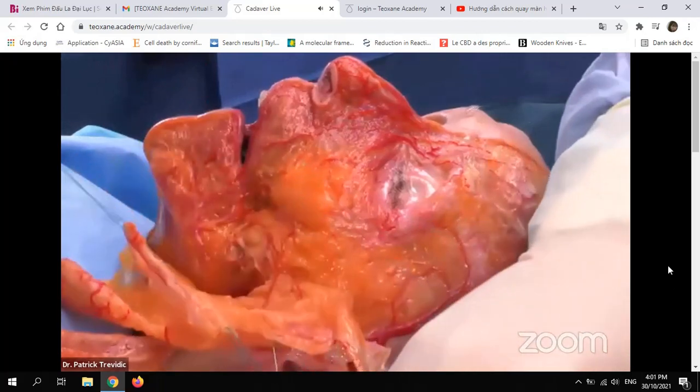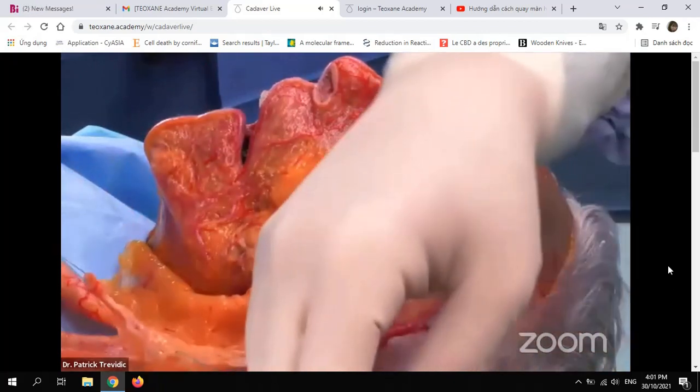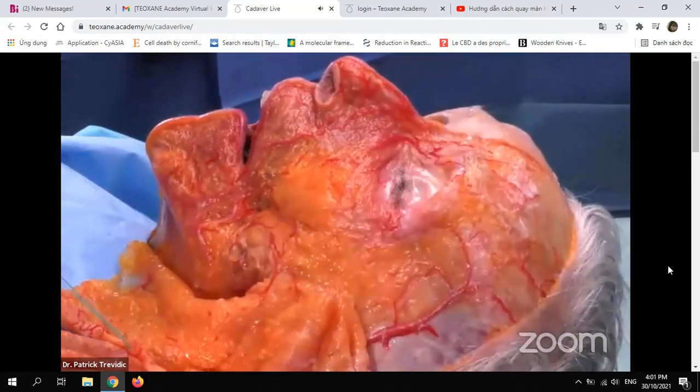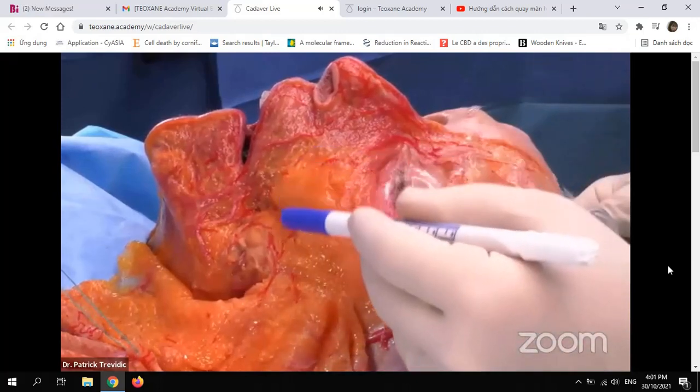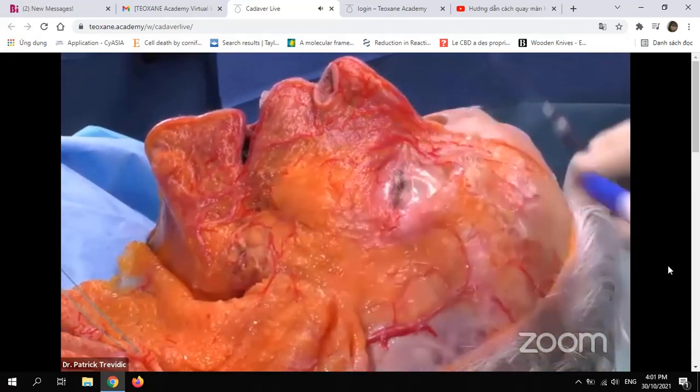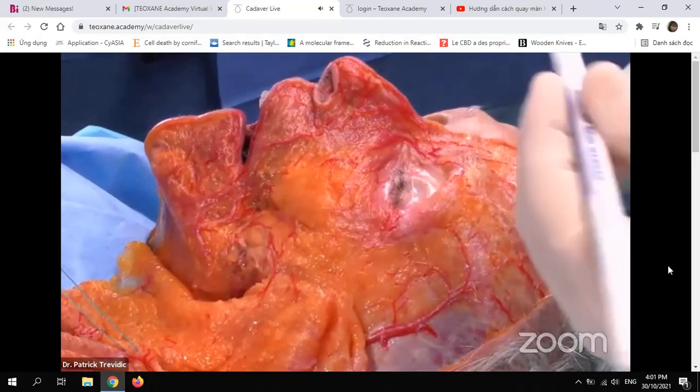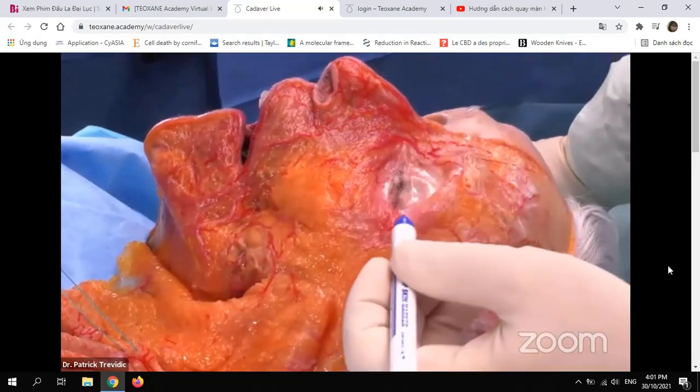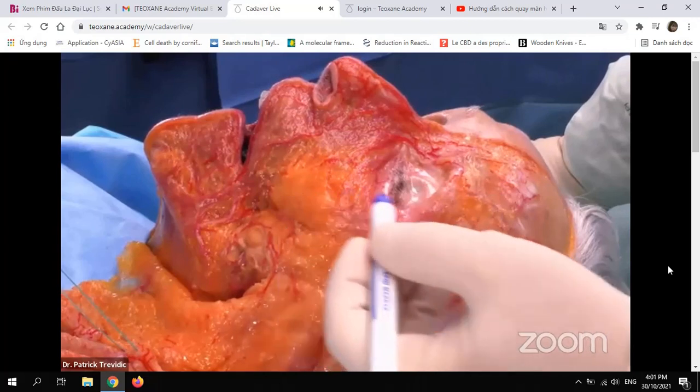Then, if I pull down these superficial layers, you can see here the deep fat layers stick on the bone. And how you can imagine on your patient the different deep anatomical structures.